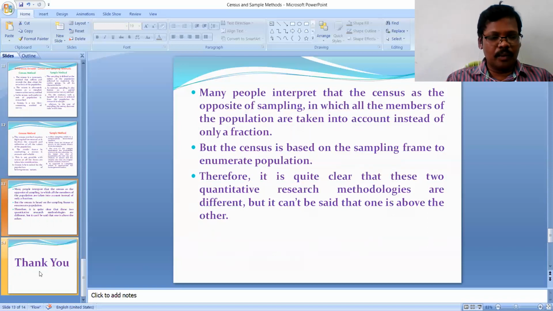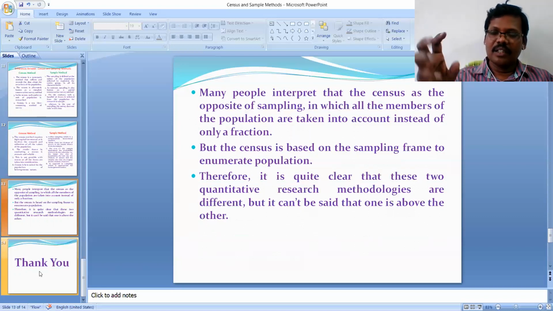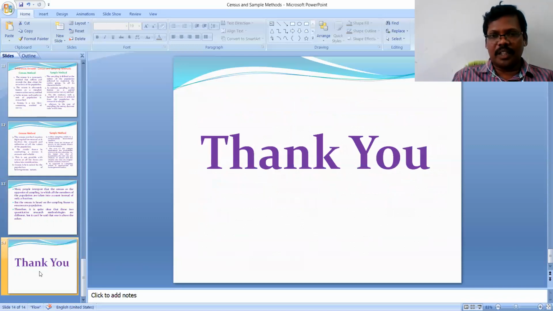They select some people and test them, and based on that they generalize whether it is going to be a success or not. That is why sampling is very important for research.